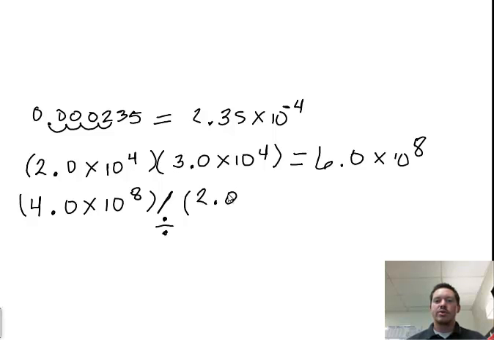So I've got 2.0 times 10 to the second. So I have 4 divided by 2. So I got 2.0 times 10 and then 8 minus 2. So times 10 to the 6th.